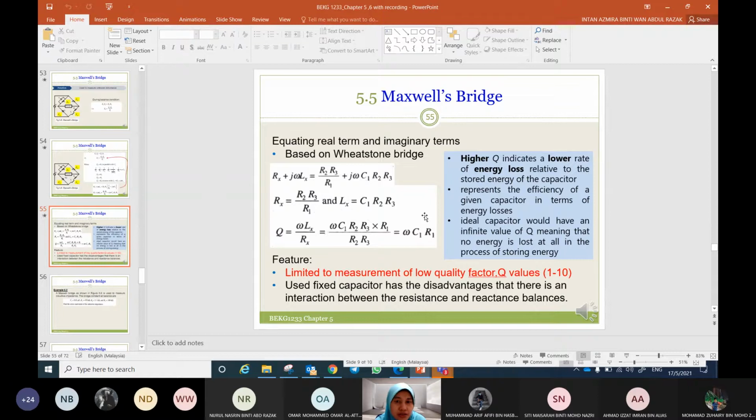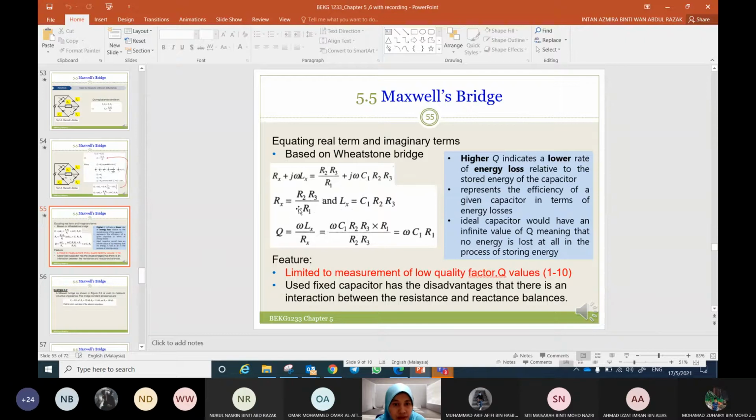Let's say the question is to find Rs and Ls from the figure of Maxwell bridge, figure 1. You cannot directly use this formula to find Rs and Ls. You must derive from the beginning.